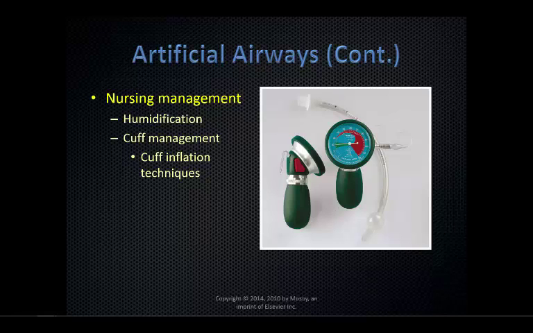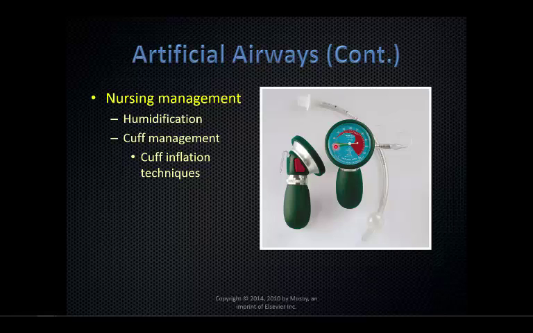Cuff maintenance is important, and I'm going to fire up the laser pointer. You can see this is a cuff pressure monitor, and the green zone is where we would want the cuff pressure to be maintained. This is checked typically a couple of times per shift. Usually respiratory therapy will check it, but the little cuff monitor is usually left at the bedside, and if you have concerns or if you hear a cuff leak, then you can check the pressure and increase it to the appropriate pressure.